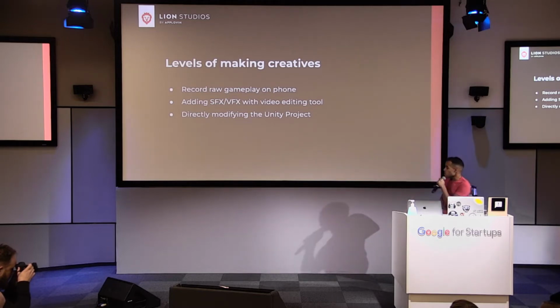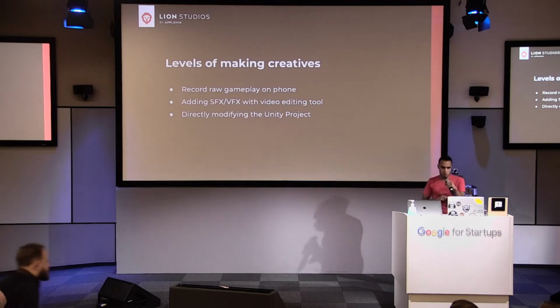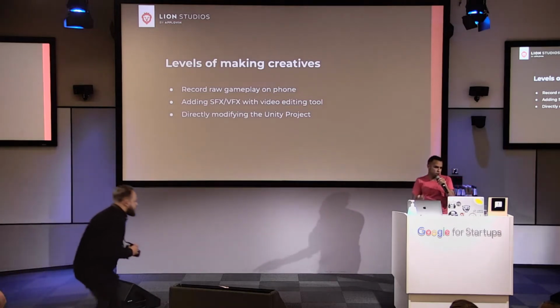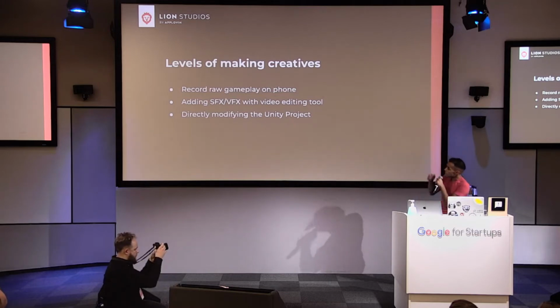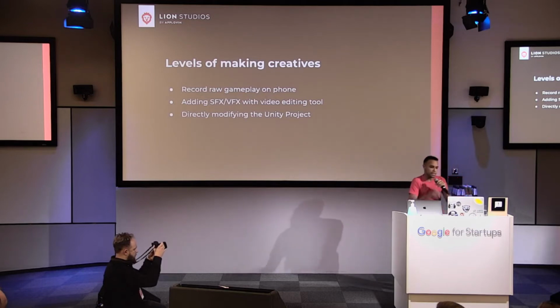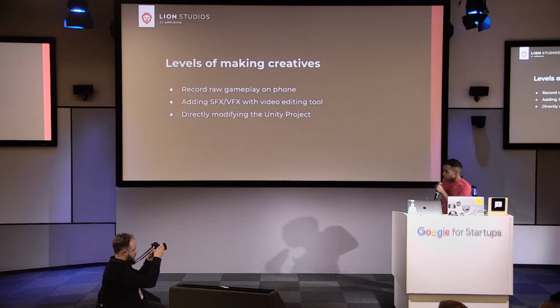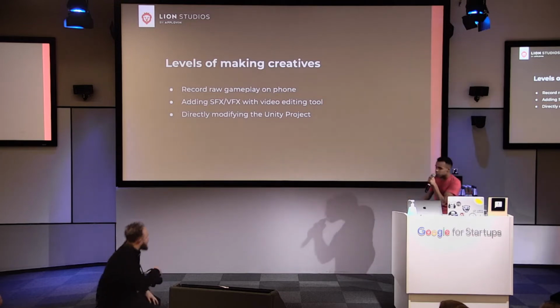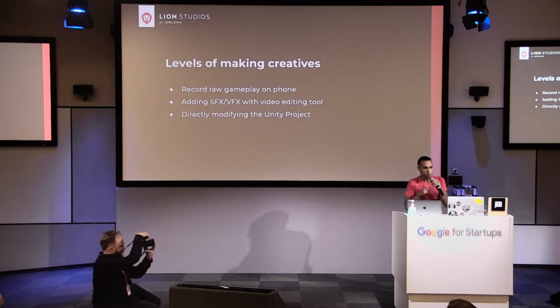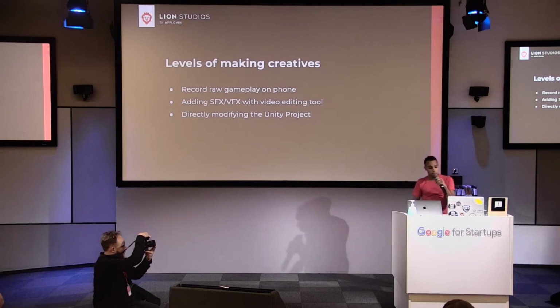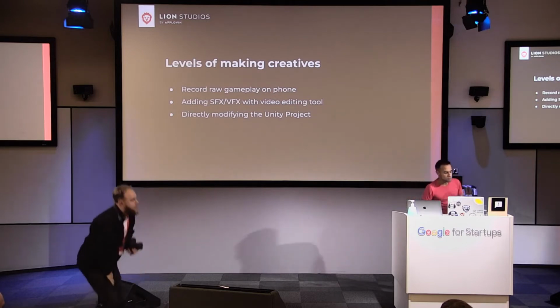The second level is what you can call marketing artists or PMM, and it's basically adding SFX or visual effects with some video editing tools. And the third level of marketing, which is the topic I'm talking about right now, is to directly modify the Unity project and to record ads within it. And this is called marketing development.